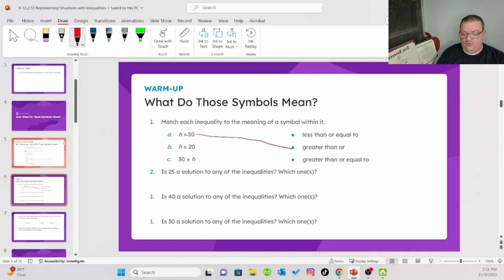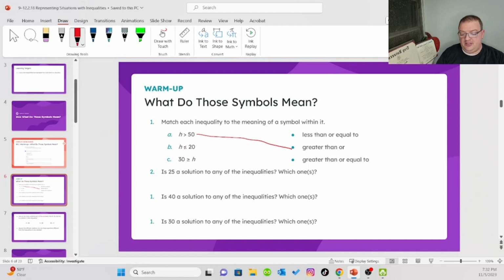When we look at this symbol in the middle, the open end is going to point towards what we say is bigger, and the pointed end is going to point to what we say is smaller. So we're saying that H is greater than 50.